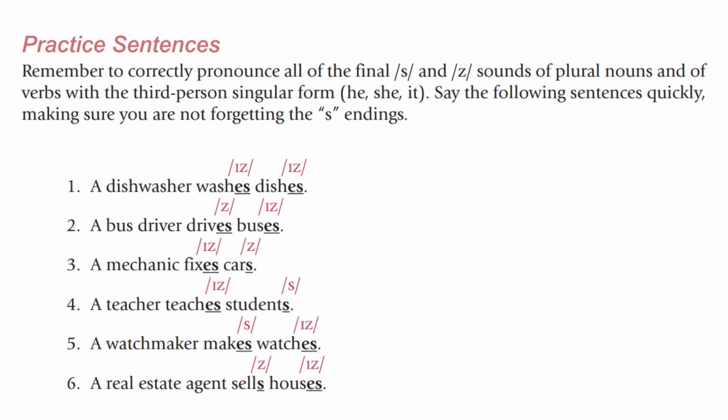Sentences for practice. Remember to pronounce all of the final S sounds of plural nouns and of verbs with third-person singular form: he, she, and it. Say the following sentences quickly, making sure that you're not forgetting the S endings. A dishwasher washes dishes. A bus driver drives buses.